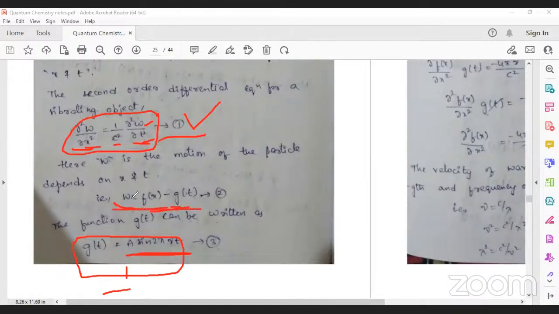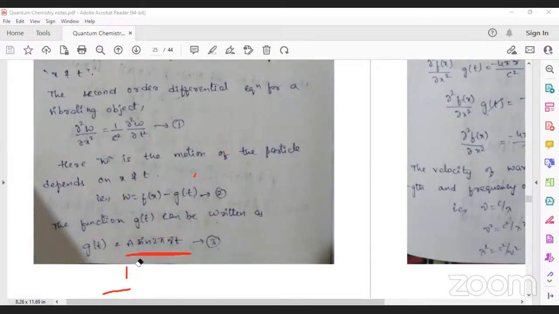Now this W should be differentiated with respect to X 2 times, and what you get will be substituted here. Again W will be differentiated with respect to T 2 times, double differentiation, and what you get will be substituted here. Therefore we will get the Schrodinger wave equation that we are going to do further.